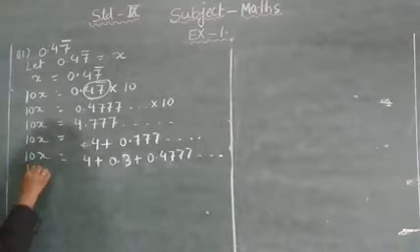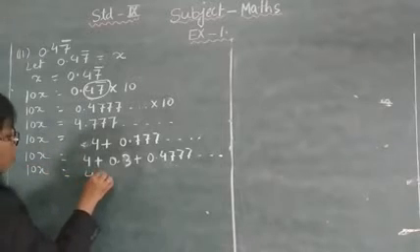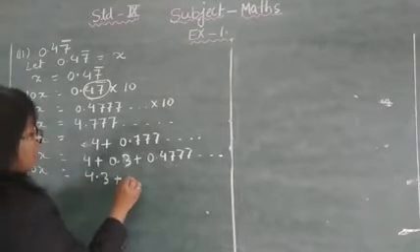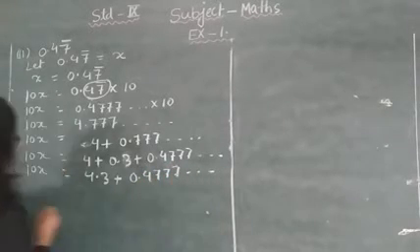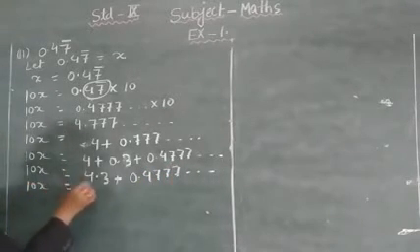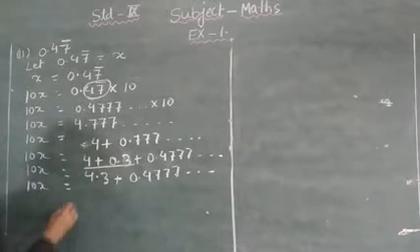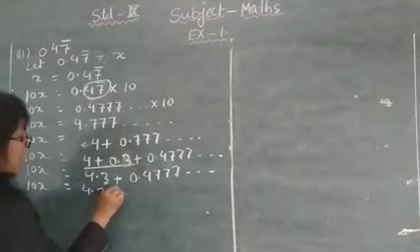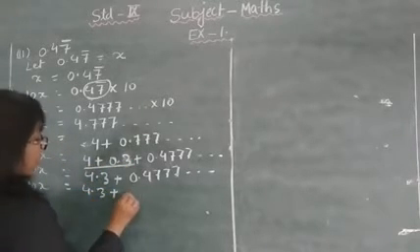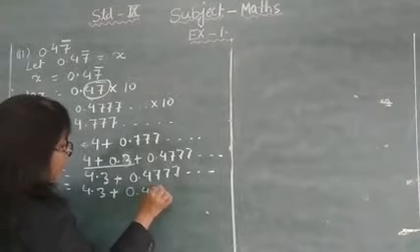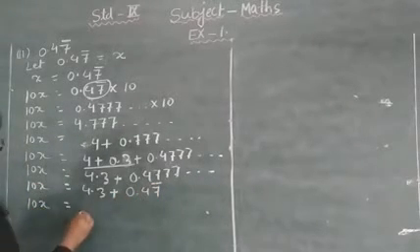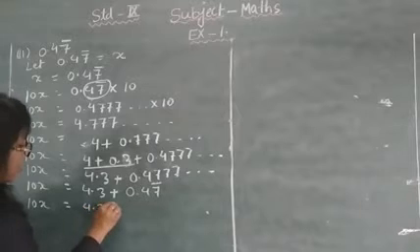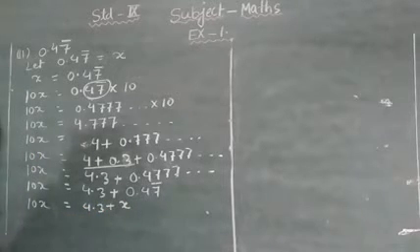So 10x is equal to 4.3 plus 0.4777, like this. So 10x is equal to, I have added these two. So now 4.3 plus, this is 0.47 recurring. So 10x is equal to 4.3 plus x. We can shift x to this side.